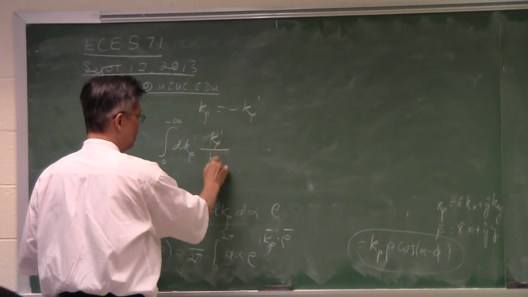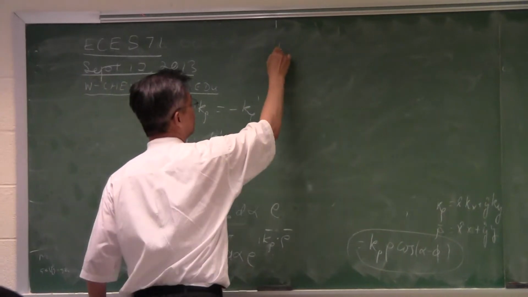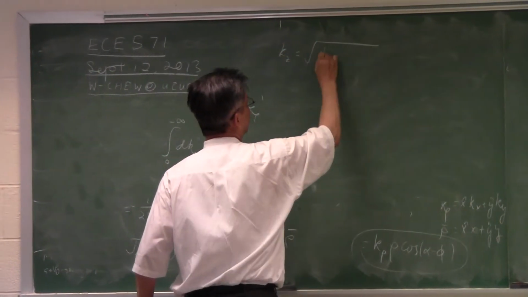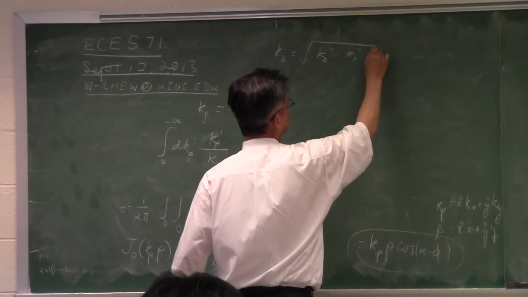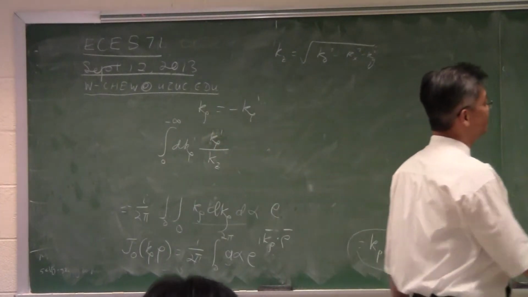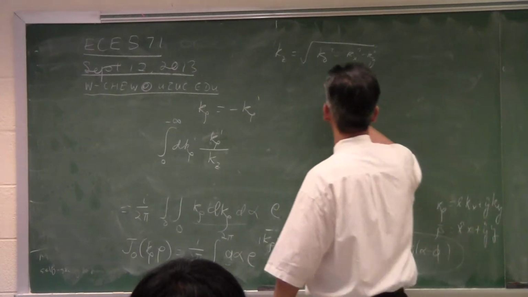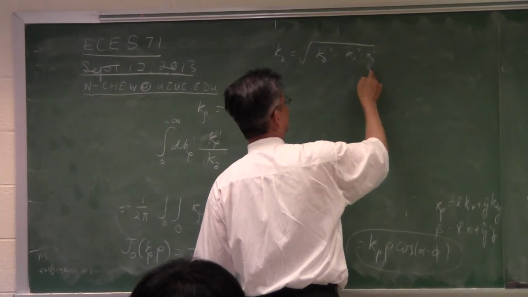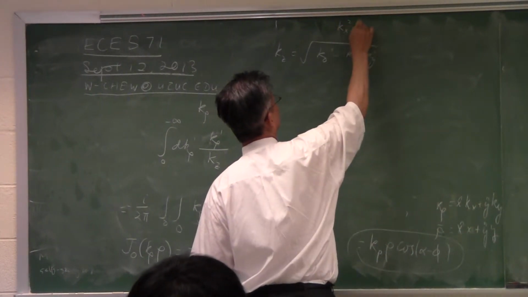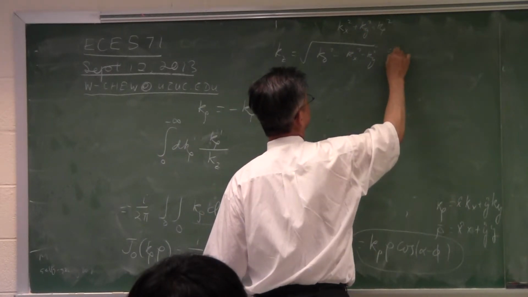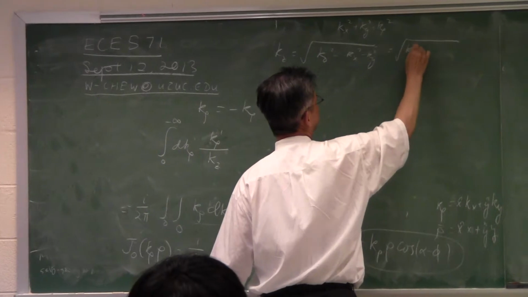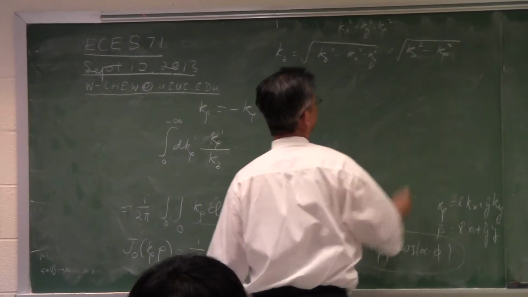And then kz wouldn't change, fine, because kz is actually k naught squared minus kx squared minus ky squared. I forgot to mention that kz actually does become different. It was before this, but kx squared plus ky squared is k rho squared in the cylindrical coordinate system. So kz is now k0 squared minus k rho squared.